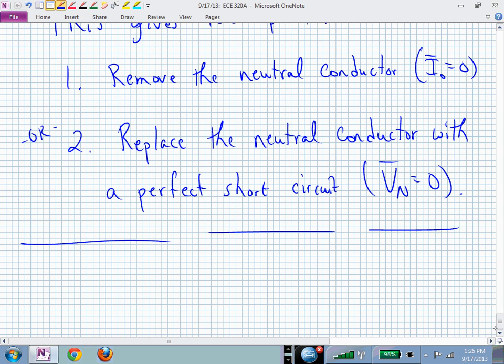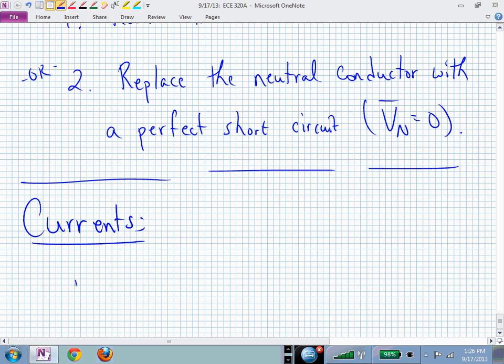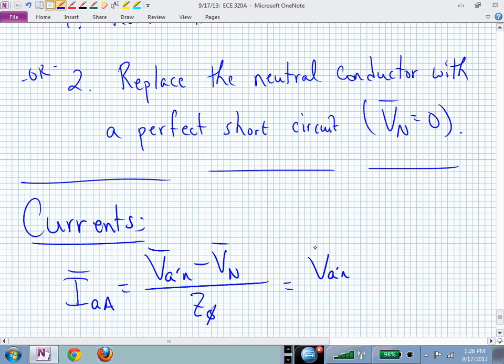Our currents then can be determined. We have our I sub AA. That's now V sub A prime N minus V sub N over Z sub phi. But that's just V sub A prime N over Z sub phi.